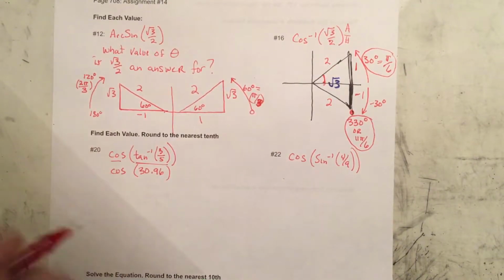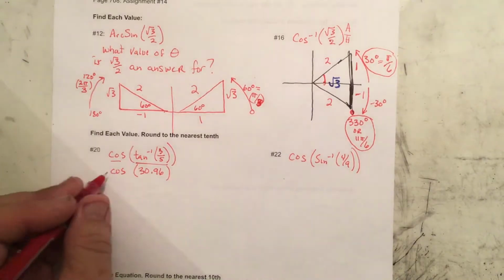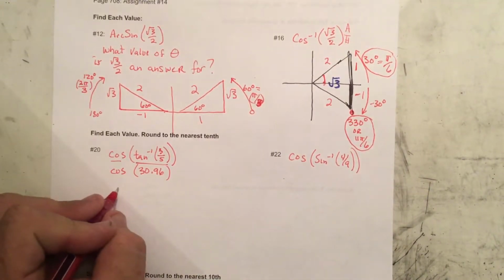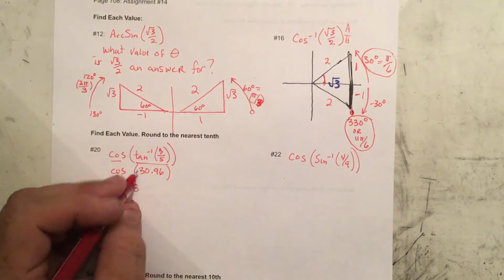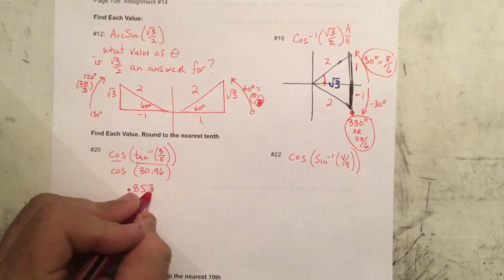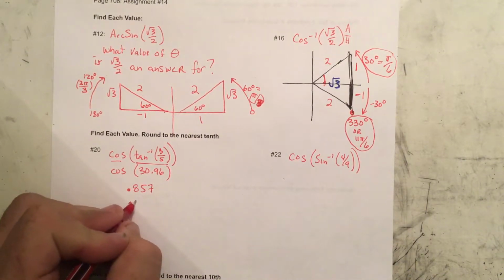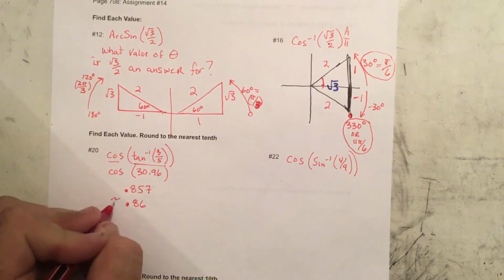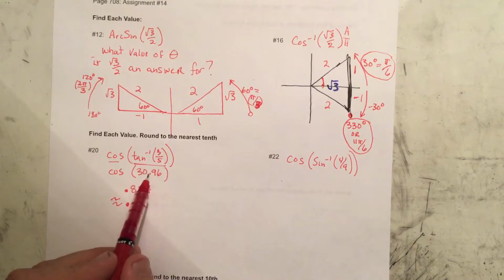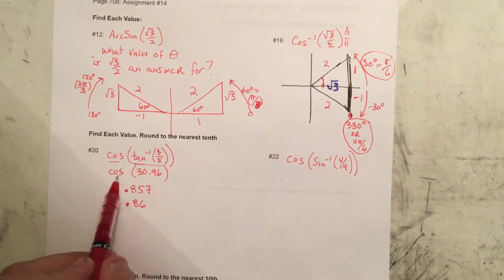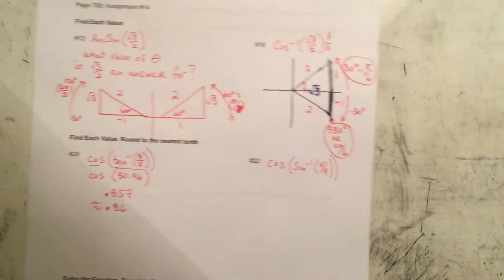And what is the cosine of 30.96 degrees? Take that off, give me the cosine. The answer is 0.857, but they want to round to the nearest tenth, so it's 0.86. So plug that in the calculator, get your answer. Take that, plug it in and use the cosine function. These are literally all calculator problems.